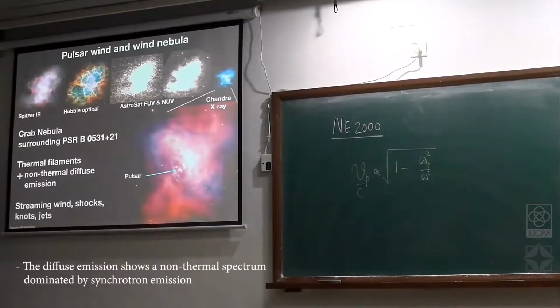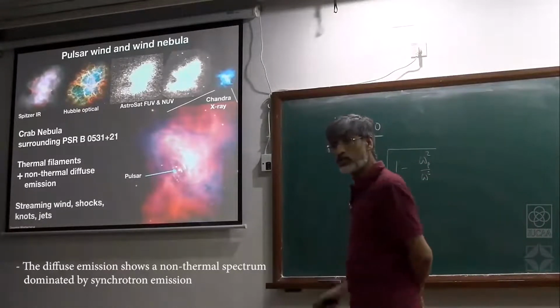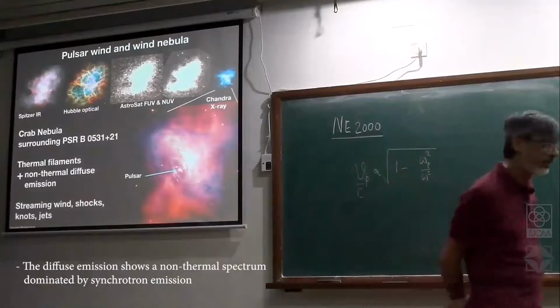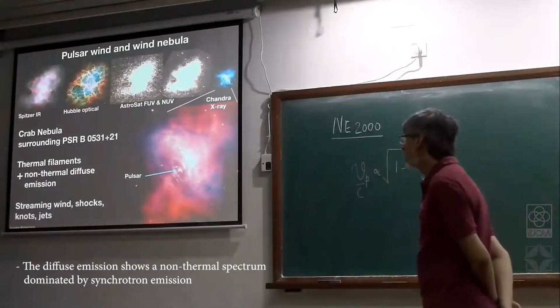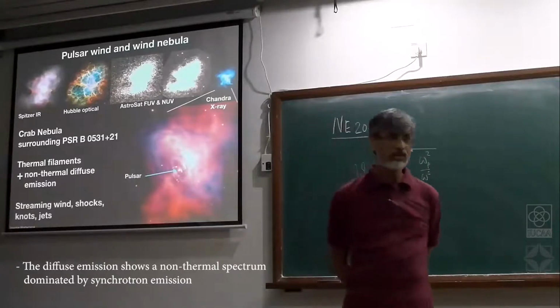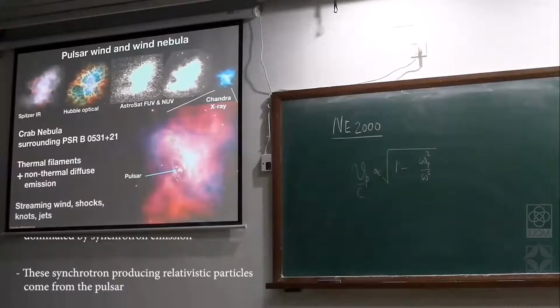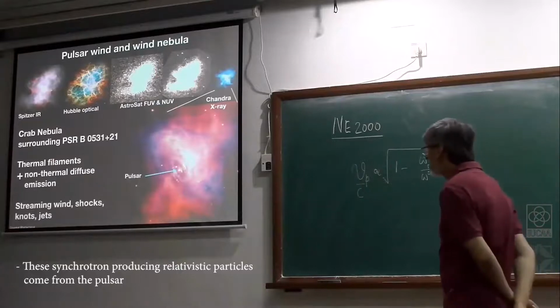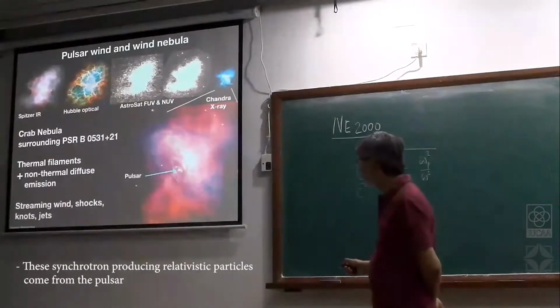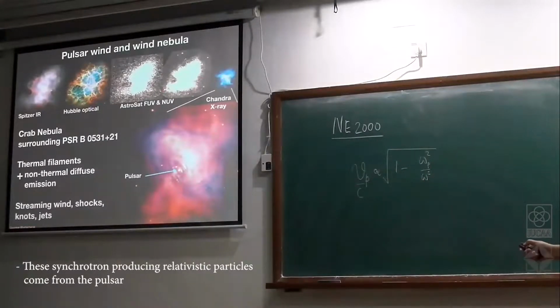So clearly there are highly relativistic particles which have occupied this interior of this supernova remnant. And they then in the local magnetic field produce this non-thermal emission. And where did this large collection of relativistic particles come from? Obviously from the pulsar.